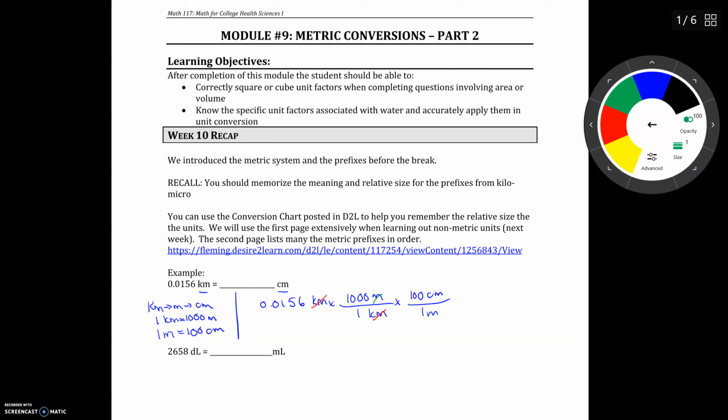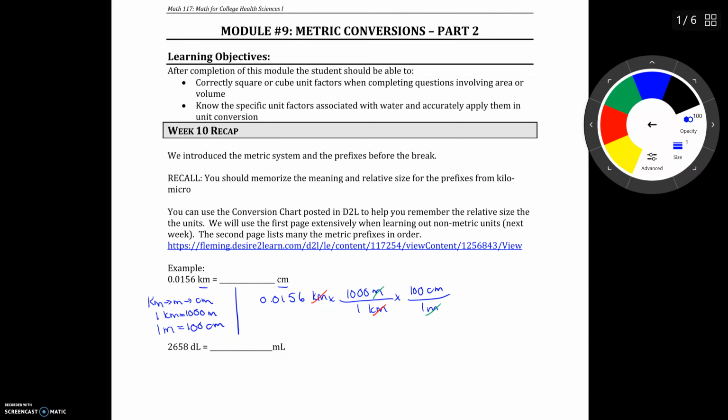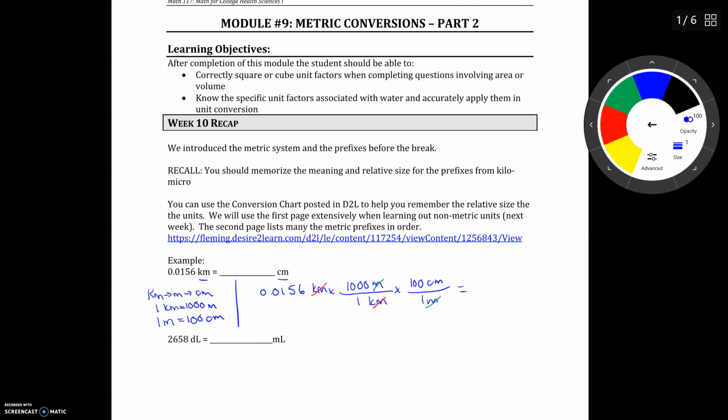So again, my units cancel, and I know that to do my conversion, I'm going to multiply by 1,000 and then multiply by 100. So my final result is that 0.0156 kilometers is equal to 1,560 centimeters.